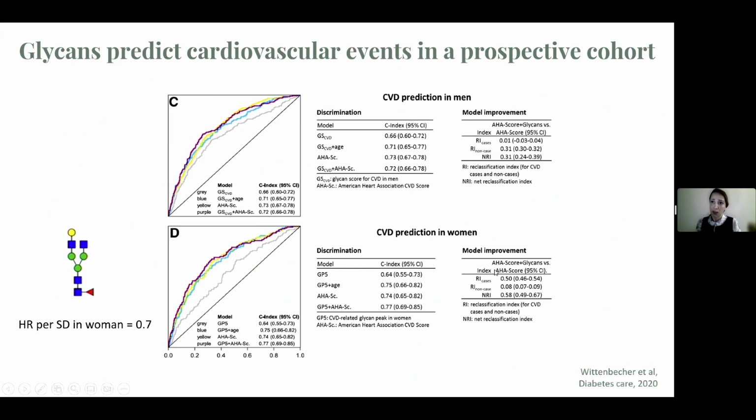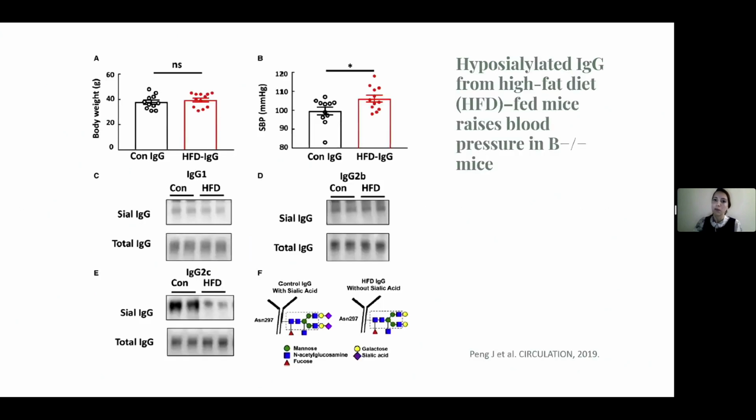And in this paper, we saw that just a single glycan structure that is present on immunoglobulin G was able to predict the possibility of a cardiovascular event, as well as the AHA score, which is typically used. So just one single glycan structure was equally good at predicting cardiovascular events in women.